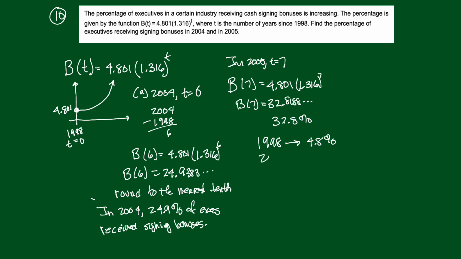Now, 6 years later, in 2004, that number has gone up to 24.9%. And in 2005, 1 year later, it's now gone up to 32.8%. Big jumps. That's because we're going exponentially. You can see down here, if you increase by 1 year, it goes up this much. But if you're over here and increase by 1 year, it goes way up.